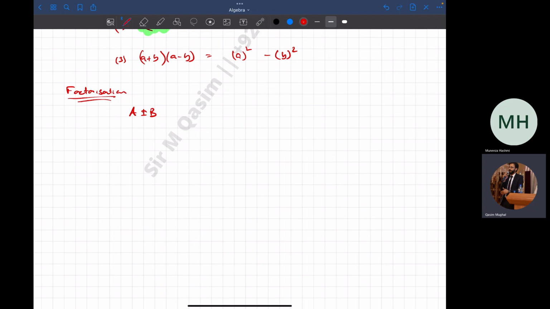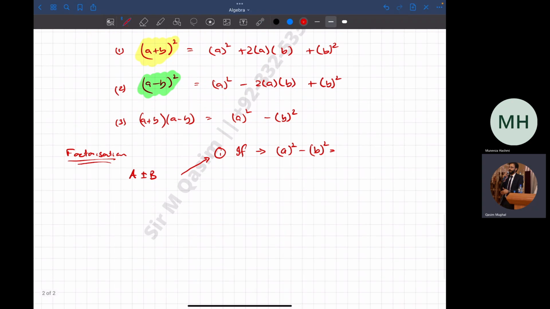If you've got 2 terms, the first thing you need to check is if you can rewrite them as a difference of squares. That means there should be a minus sign between the terms, and each term can be written as a square of something.